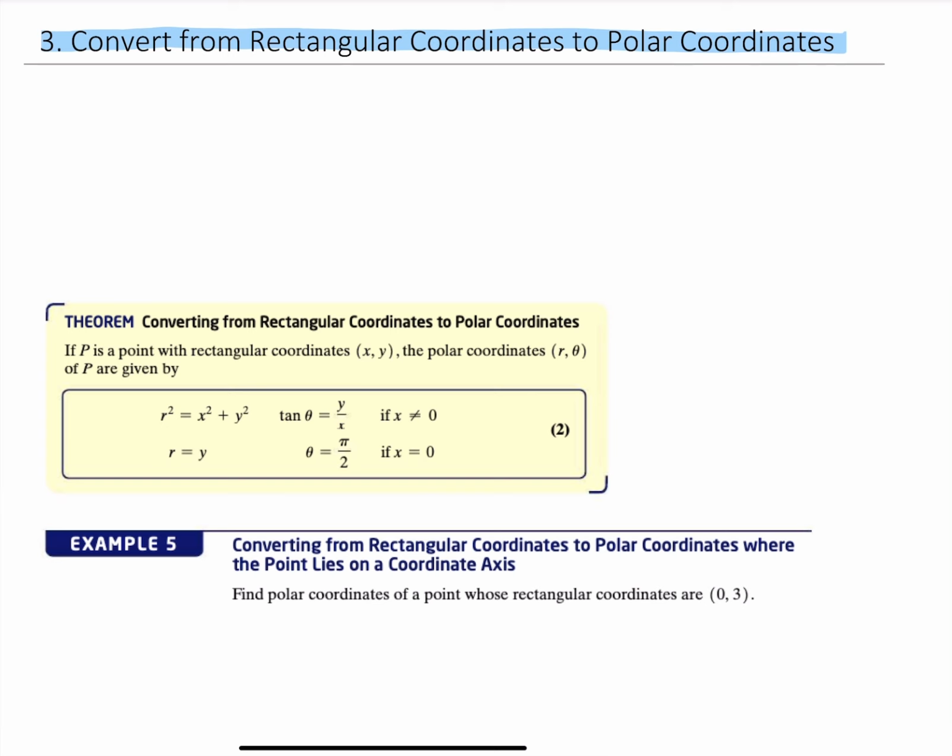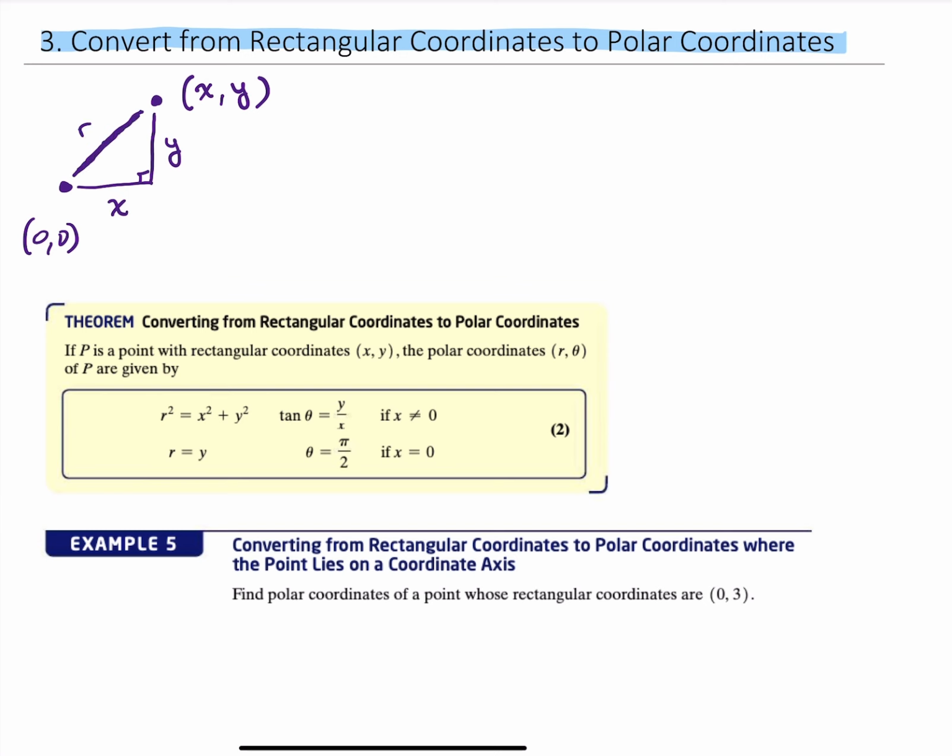So a rectangular coordinate point has an x and a y. So from relating to some origin, travel some distance x and then some distance y. So what we want is this r value that's going straight from the origin to our point.